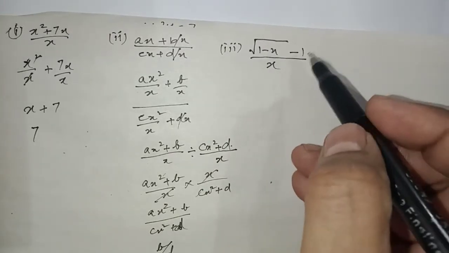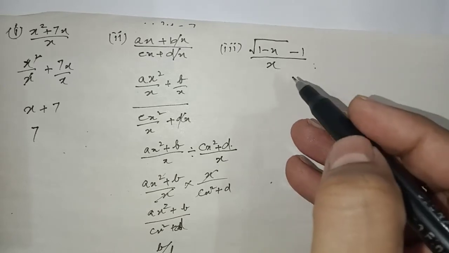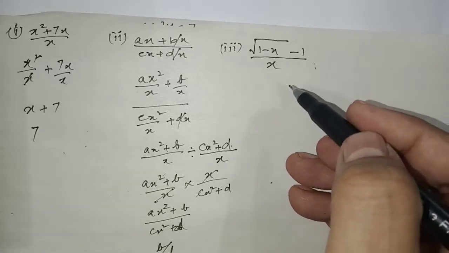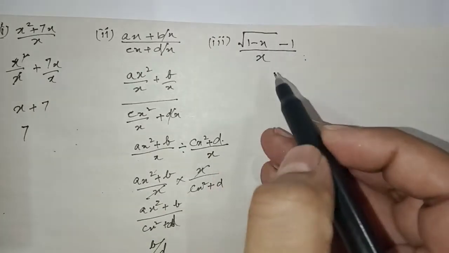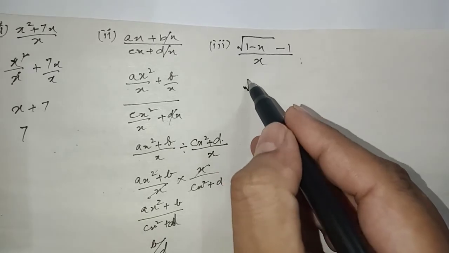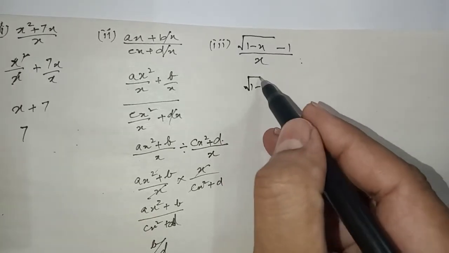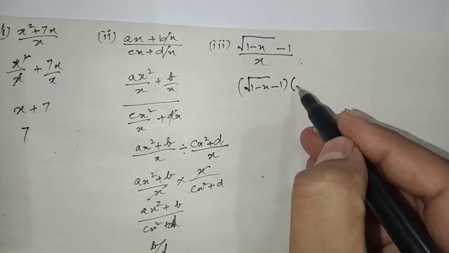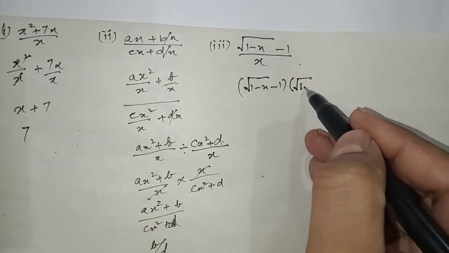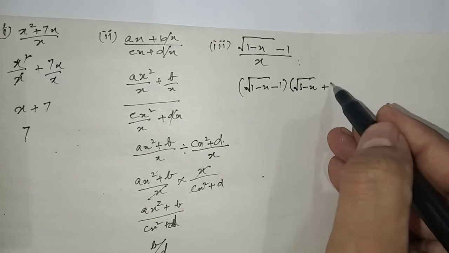In that case, again, you have to multiply the given value by its conjugate. The conjugate of the numerator will be square root of 1 minus x plus 1.